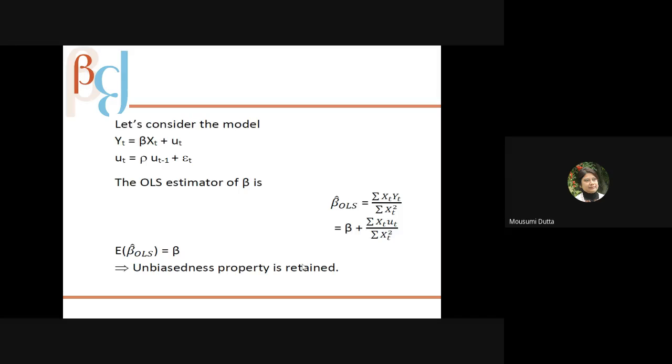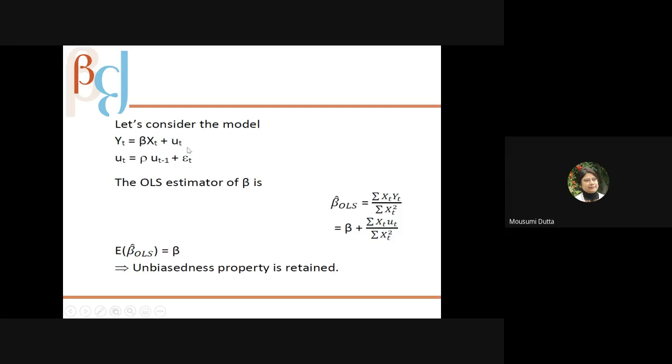Now, with this structure, what is happening to our beta hat? That we need to understand. So we are coming back to the regression model given by yt is equal to beta xt plus ut, where ut is following a structure, AR1: ut is equal to rho ut minus 1 plus epsilon t.